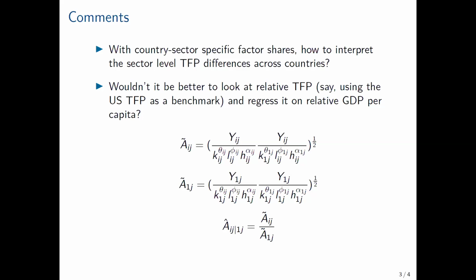So here we do the same thing, but from one country to another. You use the reference country's factor shares to calculate the TFP for both countries, and use the factor shares of the country you're interested in to calculate for both, and then you take the relative one.